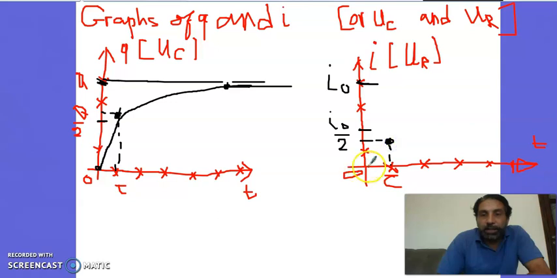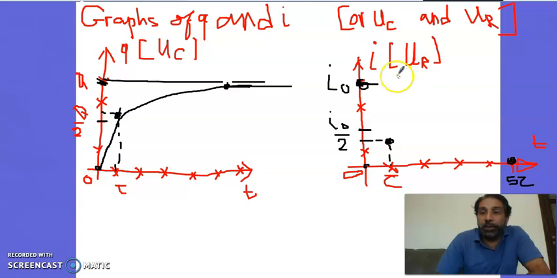But before, at t equal to 0, it is I0, the current drops from maximum. And 5 tau is here. It passes through this point, means it reaches 0 value.